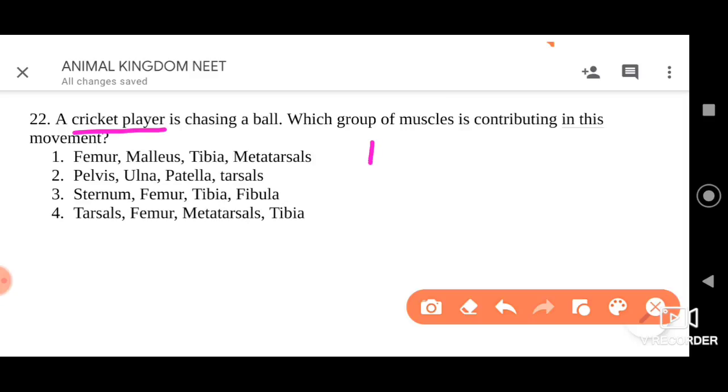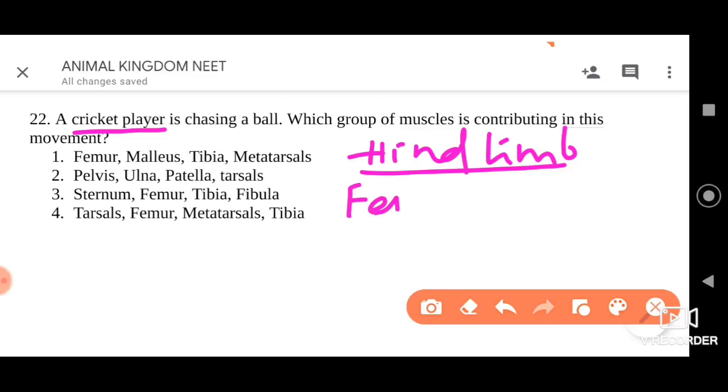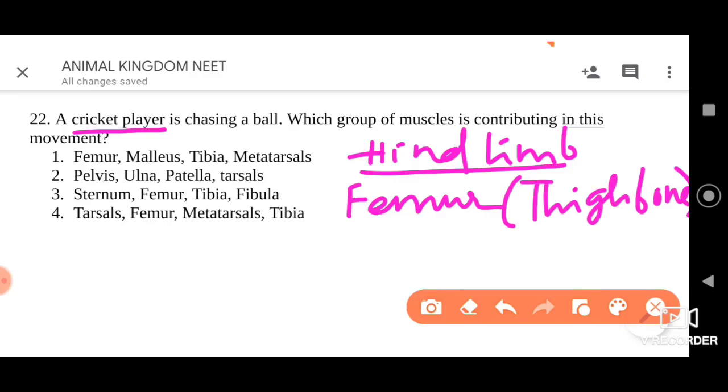Let me tell you firstly that when we talk about our hind limb, it is composed of the femur, which is also called the thigh bone, the longest bone, my dear friends, in our body. Secondly, tibia, and fibula is also present.